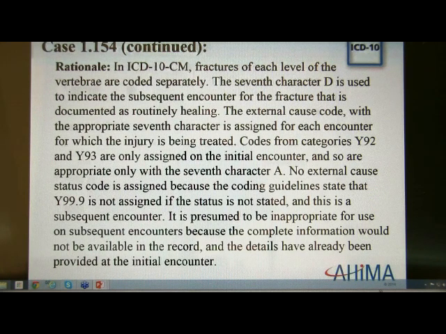So if we don't know, they don't want you to use the unspecified. They want you to just leave it off. It may be that delays payment, but chances are, unless it's a workers' comp claim, they're not going to be looking for that piece of information. If you've already told them that they were at home during maintenance, doing maintenance on their own home, that's going to be enough for them to determine that they weren't on the job.